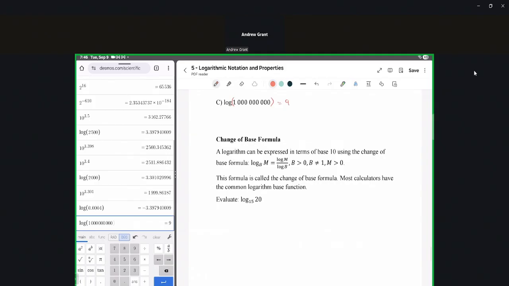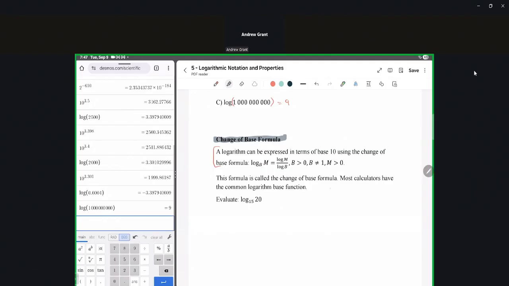And so I mentioned that I was only going to use the log base 10 button. And this is what I'm talking about here. So a logarithm can be expressed in terms of base 10 using something called the change of base formula. So if you have log base b of M, it is equal to log of M over log of b, where b and M are greater than 0, b is not equal to 1, and so forth.